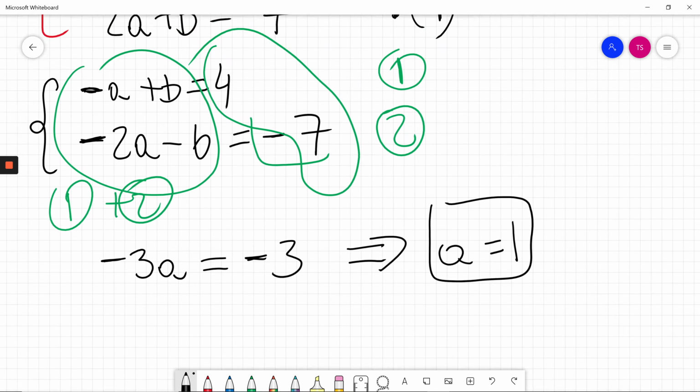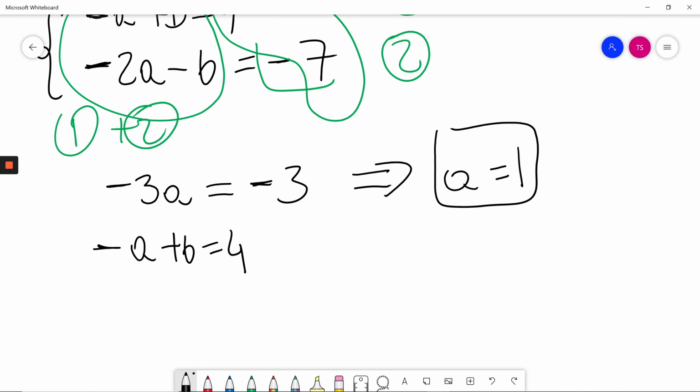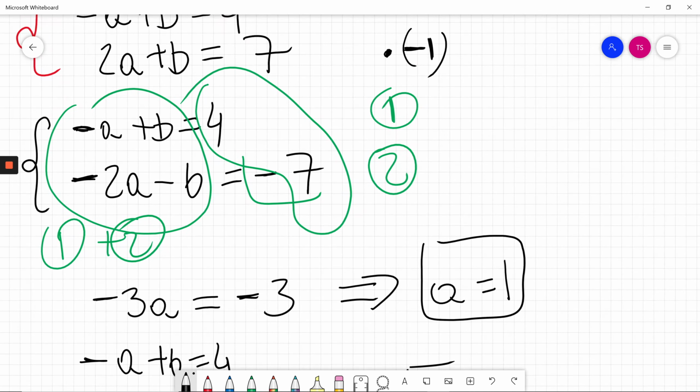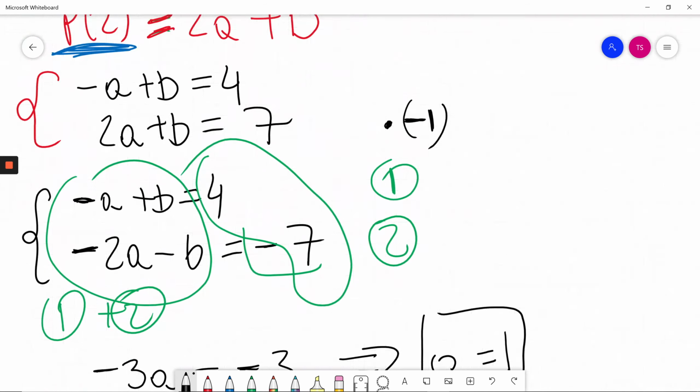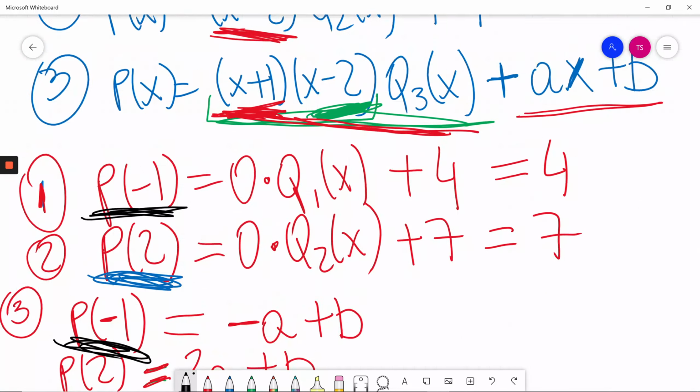Then I will just write first equation again, minus a plus b is equal to 4. But I know a is equal to 1. So minus 1 plus b is equal to 4. So I know b must be 5. My remainder, the remainder was ax plus b.